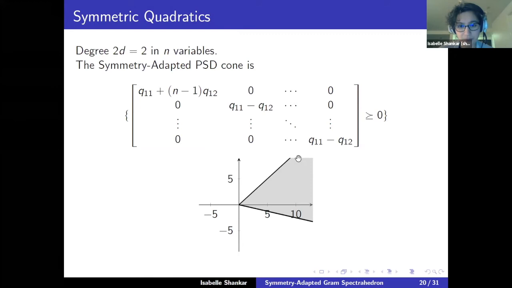Now, this extremal ray here corresponds to the n-1 copies of the standard block, so that won't change as n changes. But the trivial block, which is a 1 by 1 block here, corresponds to this extreme ray here. And as n goes towards infinity, the line starts moving up towards what I believe is the Q11 axis.